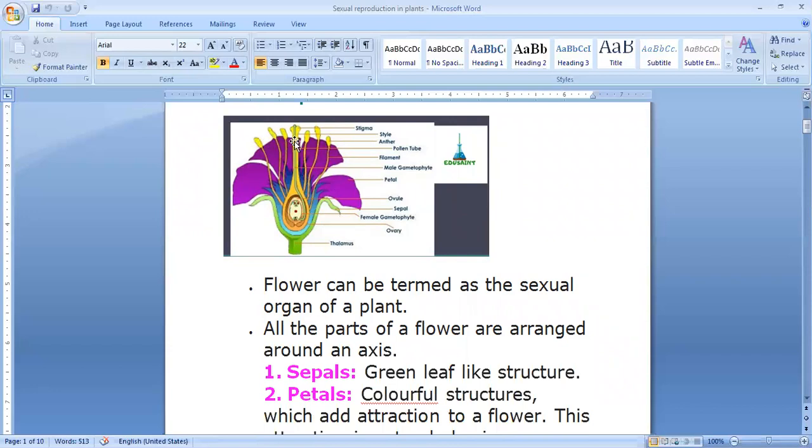This three and this side three parts you can see over here in the diagram is called as male reproductive part. It is also called as androecium, and in middle you can see one thick rod-like structure which is known as female reproductive part. It is known as gynoecium.